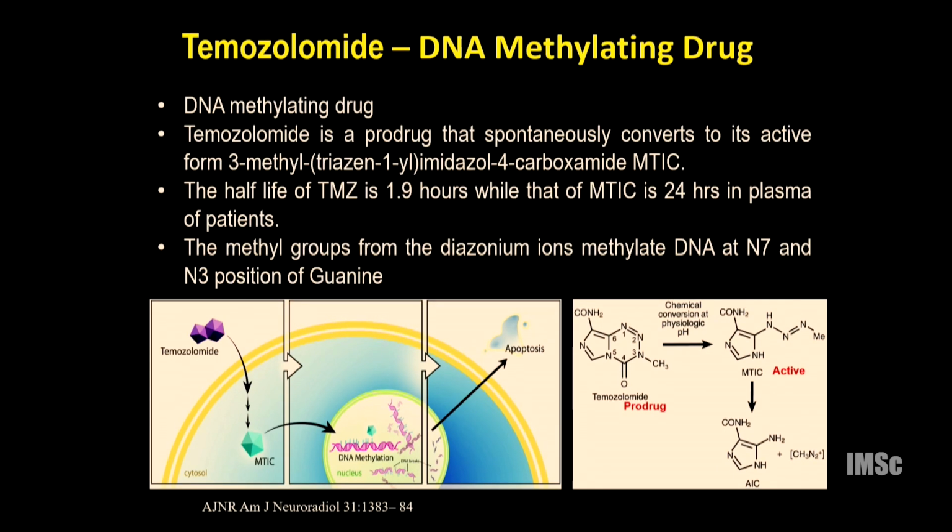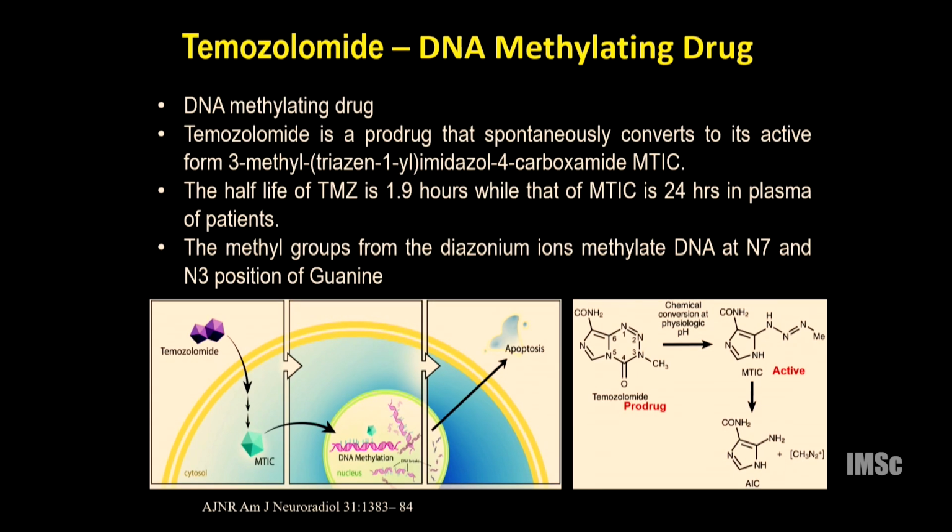Temozolomide, or temodar, is a DNA methylating drug. It methylates at the N7 and the N3 positions of guanine in the DNA, and that is how it prevents the cells from growing. The half-life of TMZ is about 1.9 hours.